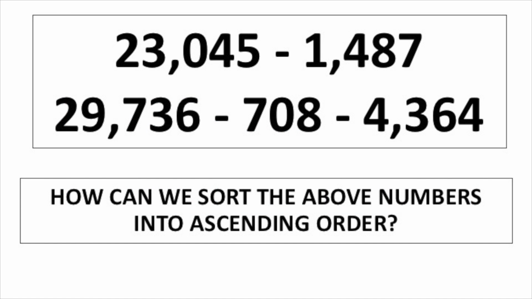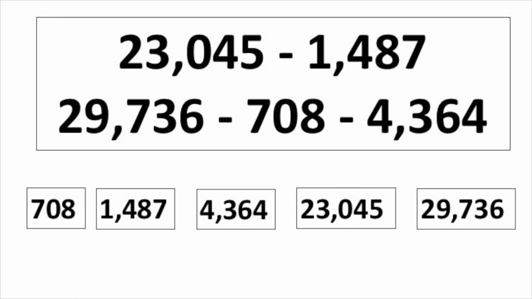So, how can we sort the above numbers into ascending order? Yes, we need to put the numbers into ascending order, going up. So start with the smallest. Which is the smallest number? 708. Very good.